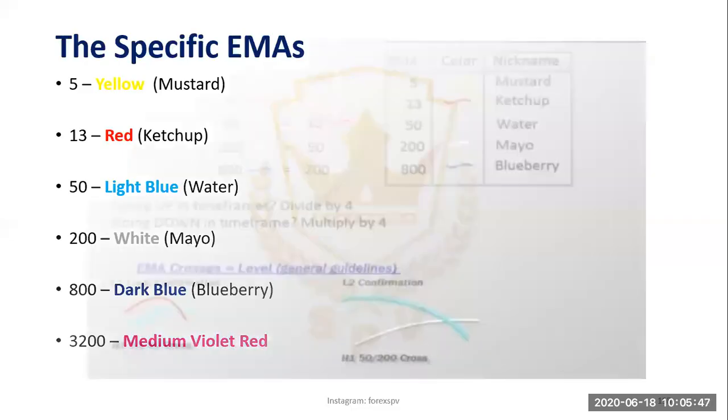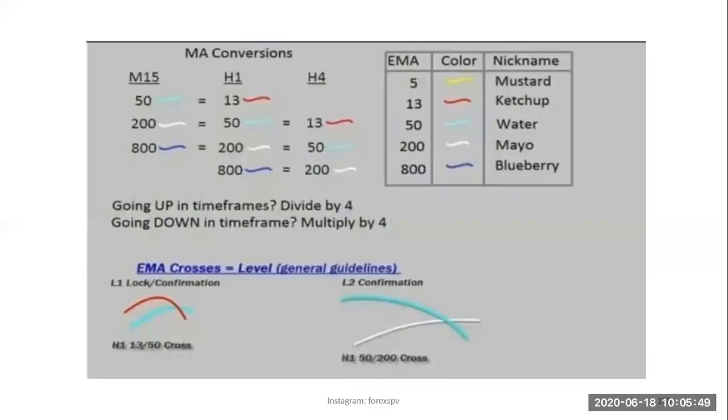So the first thing that you need to understand is the EMA conversion. The position of the EMAs in a higher time frame can give you the position of a certain EMA in the lower time frame. As you go lower in time frame, you simply multiply by 4.